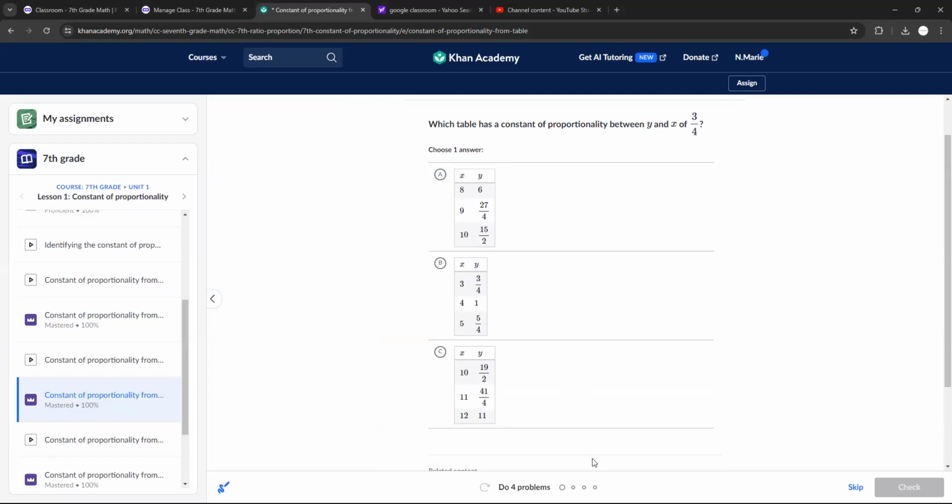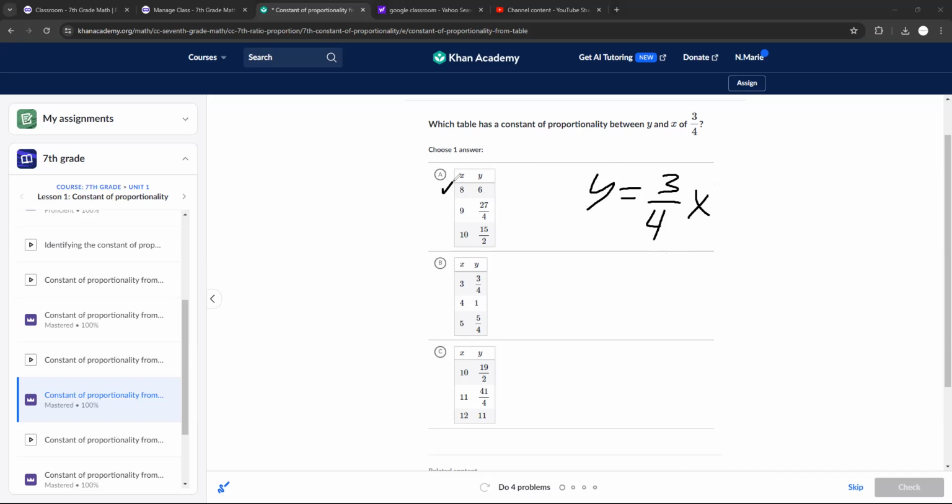Which of these have a constant proportionality of 3/4? Okay, so y equals k times x. My constant proportionality is 3/4. So 3/4 times x should get you y. So let's see, what's 3/4 times 8? That would be 6. Okay, that one works so far. What about 3/4 times 9?